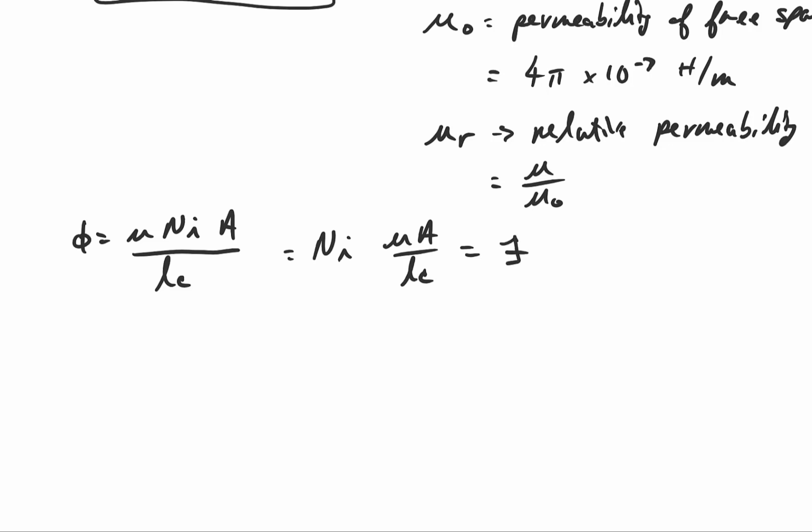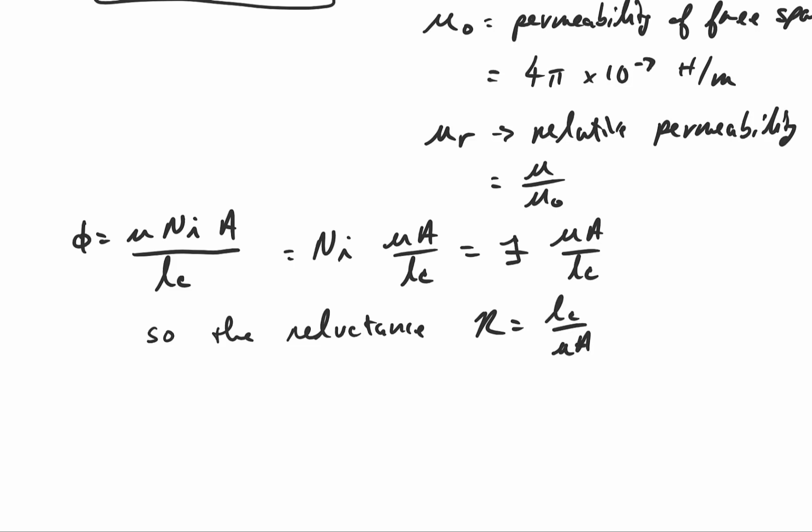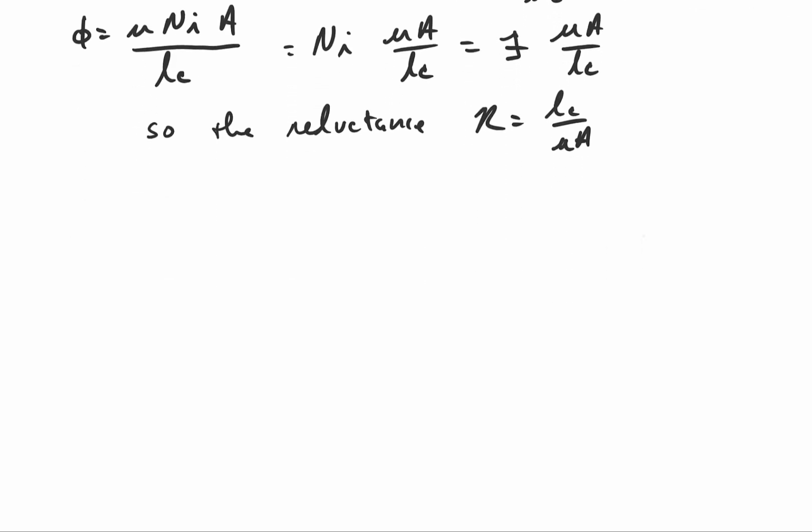So now I have F mu A over L sub C, and we know that phi is equal to the magnetomotive force divided by the reluctance. So therefore the reluctance must be equal to L sub C divided by mu A. Reluctances follow the same rules as resistances do for series and parallel calculations.